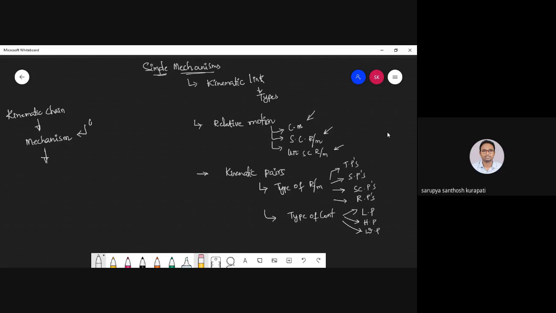When one link is fixed, then it becomes a mechanism. Yeah. So the condition is, if one link in a kinematic chain is fixed, then we can call it a mechanism. Then we discussed meshing, which is a combination of mechanisms or a mechanism. So for an input, we are going to get an output.